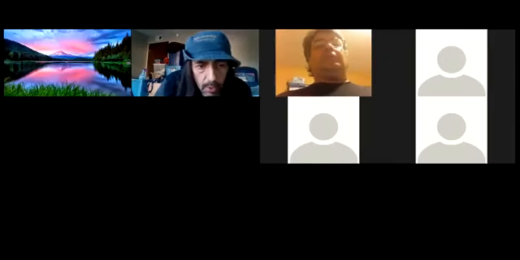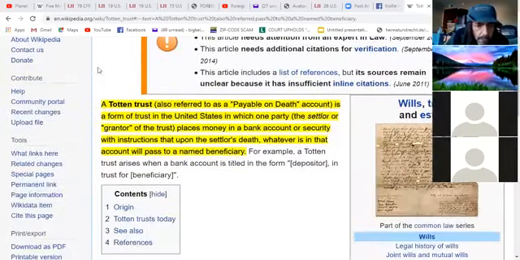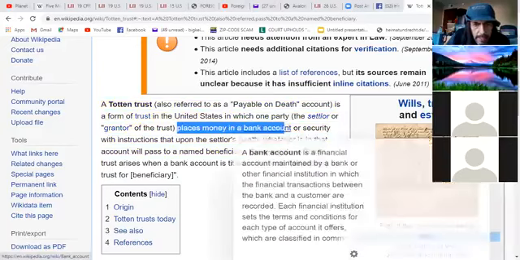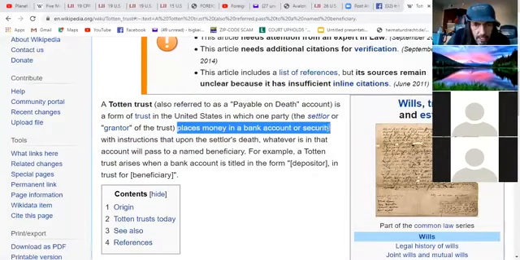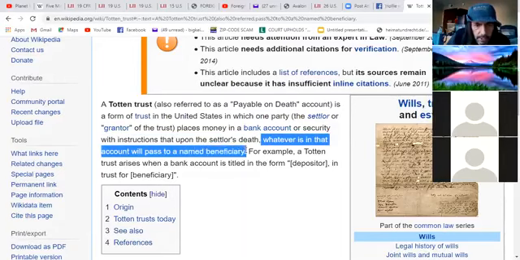This is called, folks, a totem trust. And again, it's from Wikipedia, so excuse the source. But if you look up and do your research, you will find that most all of this information is supported. A totem trust, also referred to as a payable on death account, is a form of trust in the United States in which one party, the settlor or grantor of the trust, places money in a bank account or security with instructions that upon the settlor's death, whatever is in that account will pass to a named beneficiary.